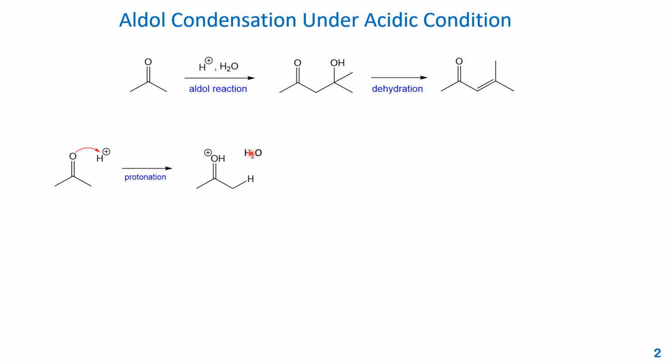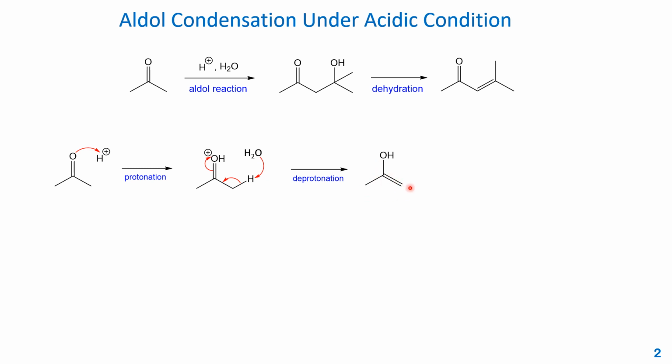Although water is a weak base, this alpha proton is activated. So take the proton, push the sigma electron to here, form the pi bond, and then break the pi bond. And then that deprotonation gives you this neutral intermediate.